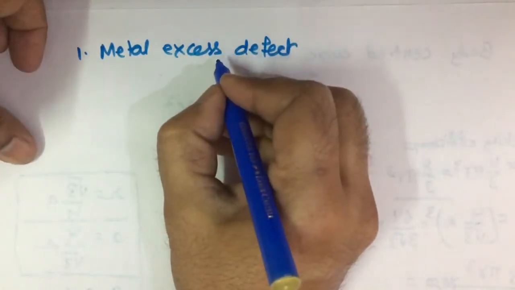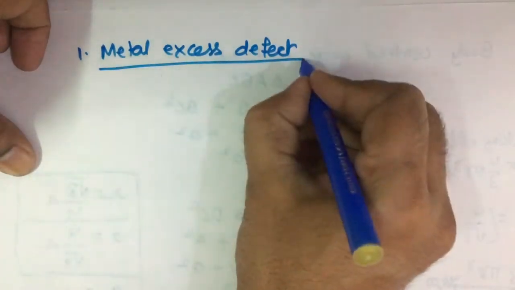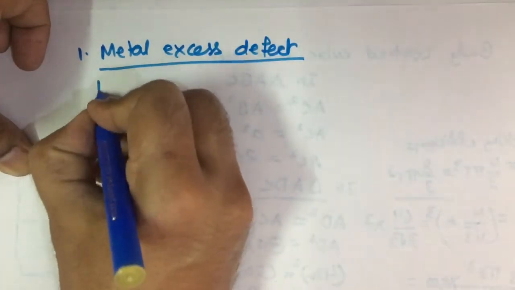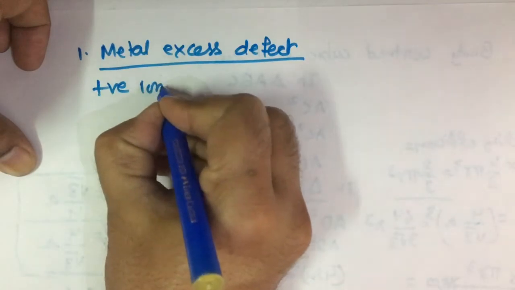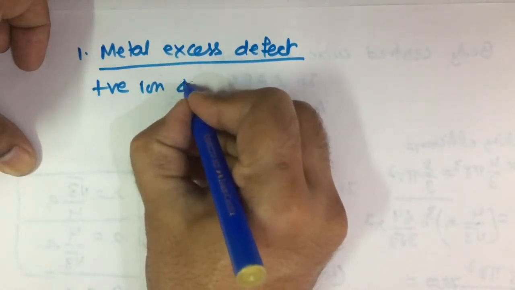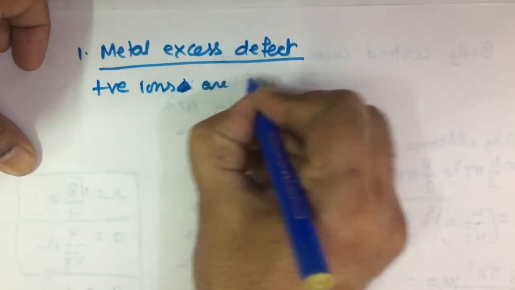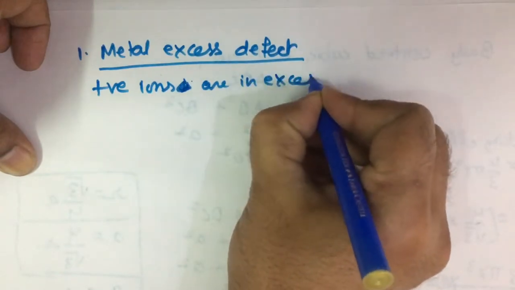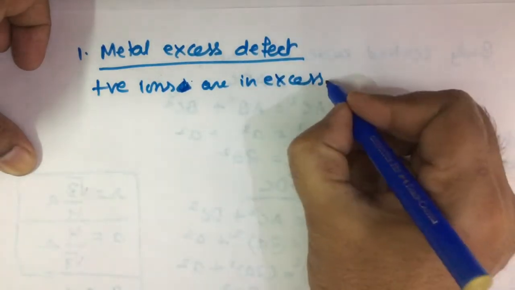defect. In this defect the positive ions are in excess.